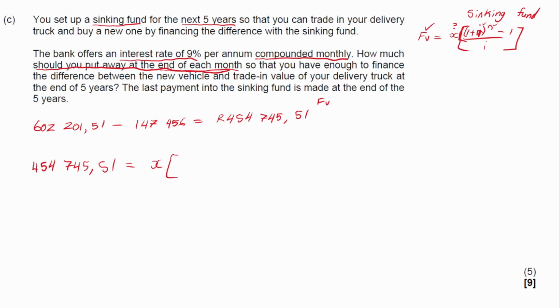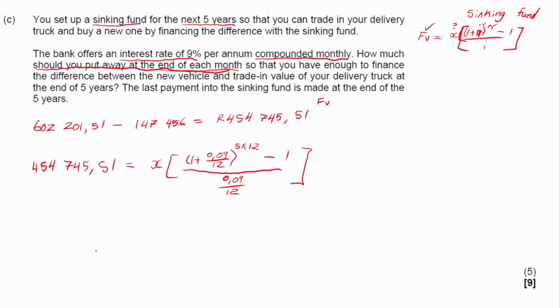So these monthly payments are my x. I know my interest rate, so 1 plus my interest rate, 0.09, compounded monthly, so I have to divide by 12. And it's for 5 years times 12, because I divide by 12 here, I have to multiply by 12, because each year there are 12 periods. Then minus 1, and then I divide by my interest rate, which again is divided by 12.